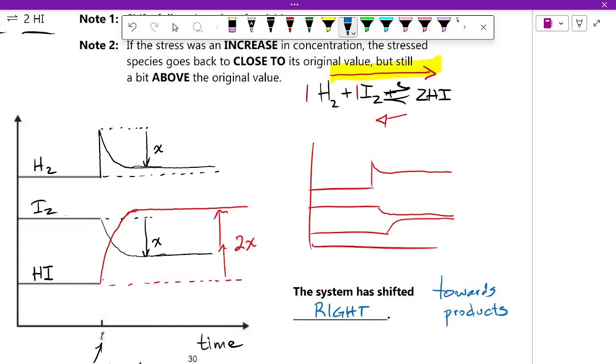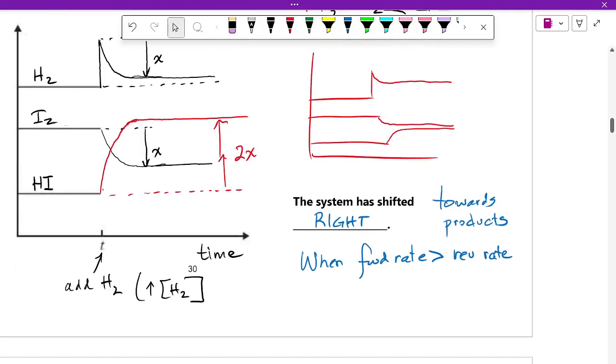When it has shifted right, that means that we have ended up with more product than before. When the forward reaction is faster than the reverse reaction, the system is shifting right. When forward rate is greater than reverse rate, the system is shifting right.